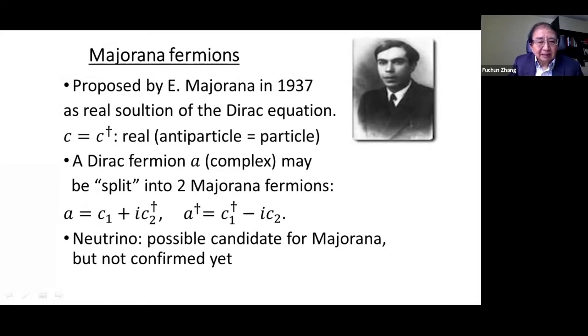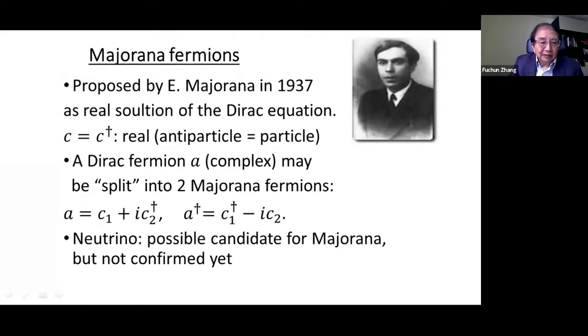Mathematically, a Dirac fermion a, which is complex, may be split into two Majorana fermions. For instance, a can be written as c1 plus i c2, so a dagger can be written as c1 minus i c2. The c1, c2 are Majorana fermions, which are real.